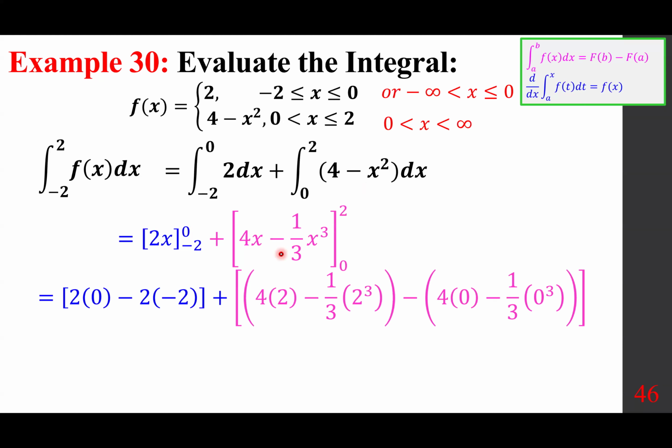So the first part, 2x going from negative 2 to 0. When you plug in 0, you get 0. So this is 0. We don't have to worry about it. Plus 4.